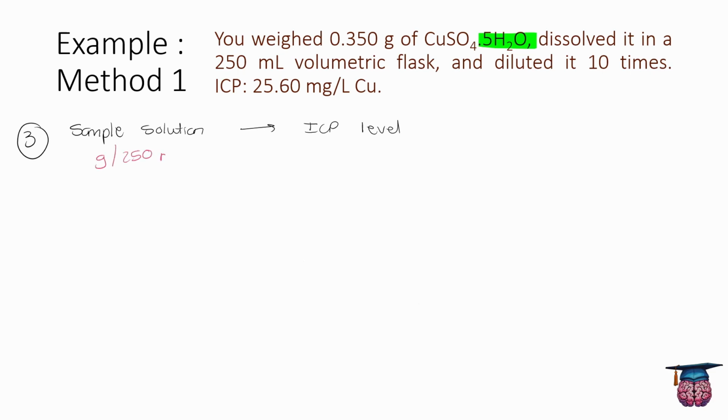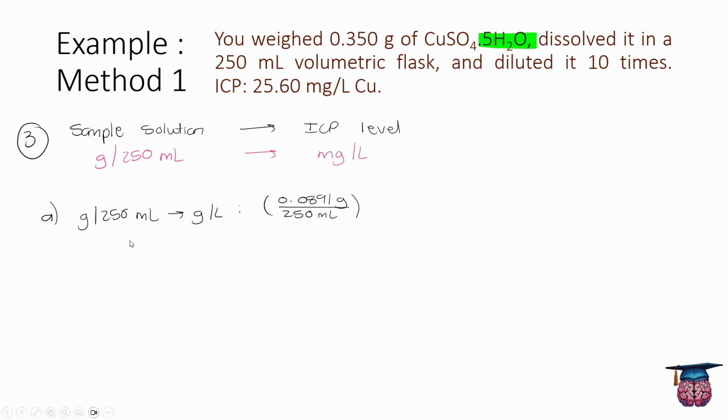This means that we will be working from a grams per 250 milliliter value to a milligrams per liter value. First, we take this gram per 250 milliliters to a value in grams per liter. From our previous mass that we just calculated, we had 0.0891 grams per 250 milliliters.